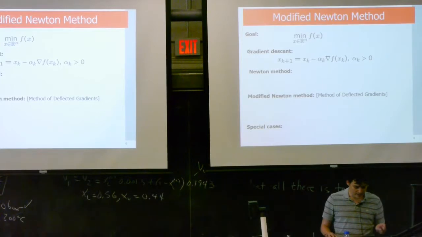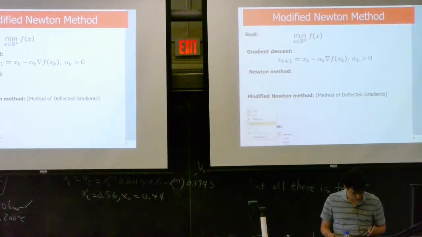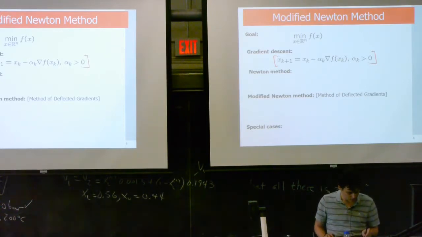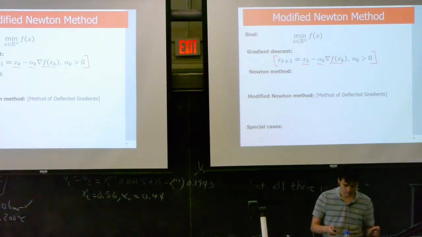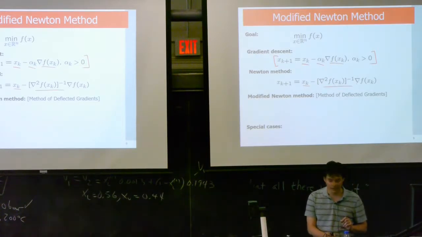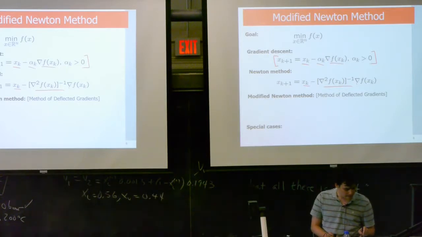Just to remind you, the gradient descent update rule was this: the next x_k is the previous point minus a step size times the gradient. The Newton method update is the previous point minus the inverse of the Hessian multiplied by the gradient. So the difference is that in gradient descent we use alpha_k, and in Newton's method we use the inverse of the Hessian.